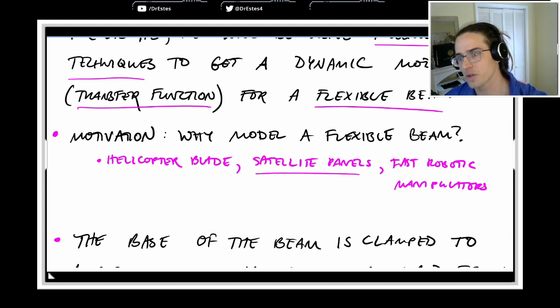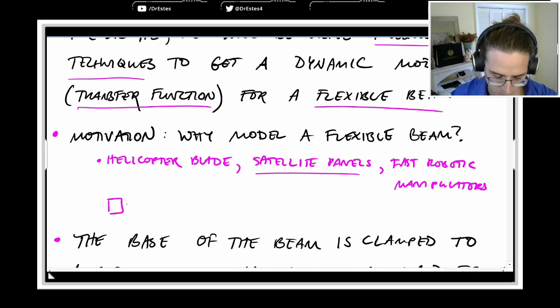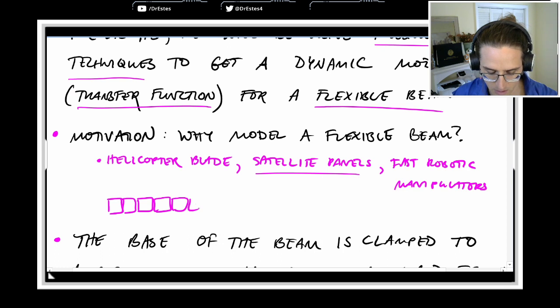So Mostafa teaches that, right? Do you know about his research? I'm not the best person to explain it, and I don't want to get it wrong, but my understanding is he builds these structures called metamaterials.